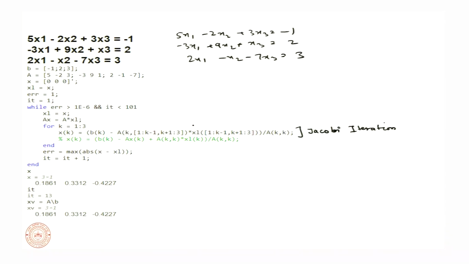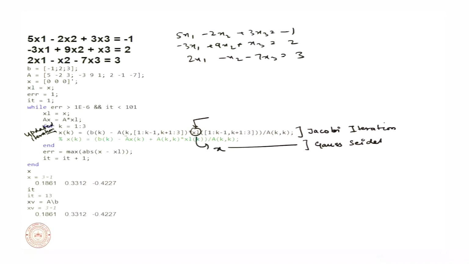You can see that XL is used for all values. Now in MATLAB there is a very neat trick. If instead of XL you write X in the same expression, then this becomes Gauss-Seidel. Why is that? Because your X is getting updated with each iteration, so your old X values are already replaced with the new values. So if you put in X instead of XL, you automatically come to Gauss-Seidel.